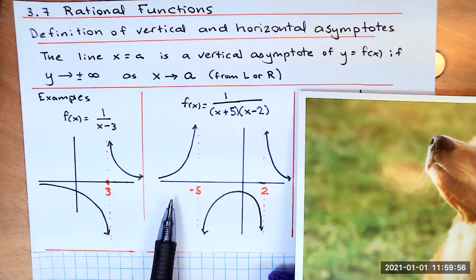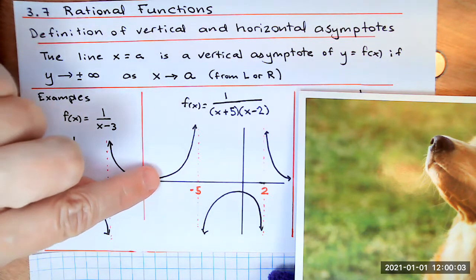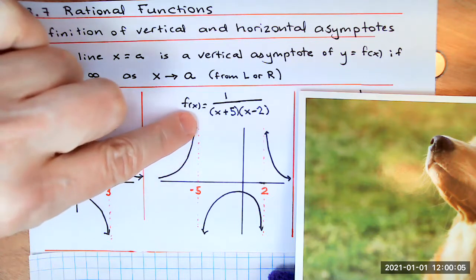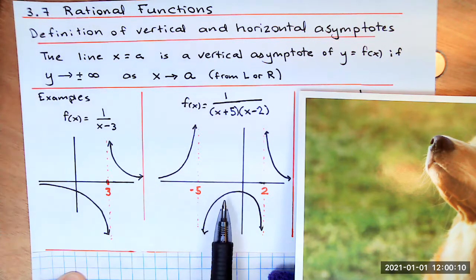So f of x has a vertical asymptote at x equals negative 5. So it goes to positive infinity if you approach from the left, and goes to negative infinity if you approach negative 5 from the right.